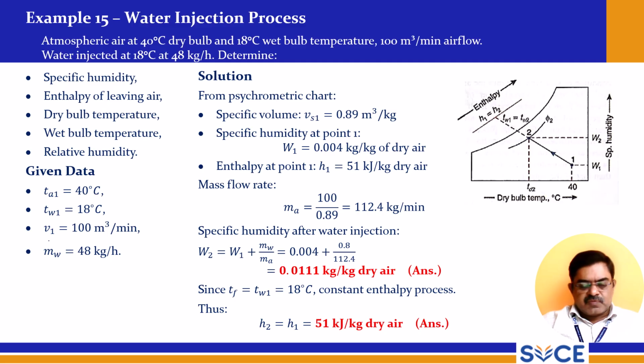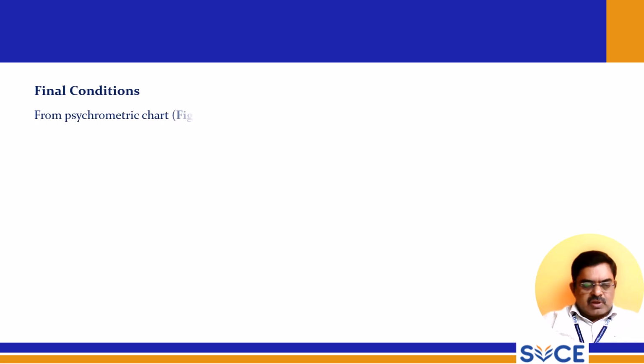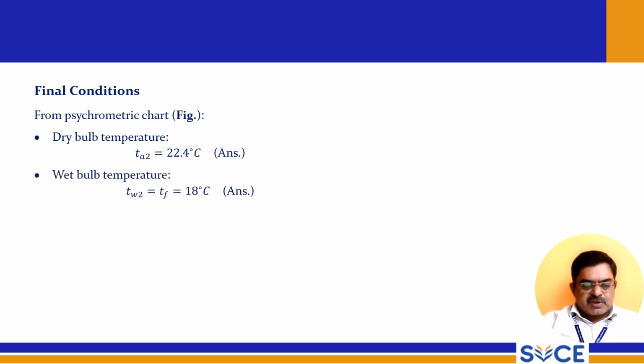So it comes as 51 kilojoules per kg of dry air. Now the final conditions are dry bulb temperature TA2 equal to 22.4 degrees Celsius, wet bulb temperature equal to 18 degrees Celsius, relative humidity equal to 65%.